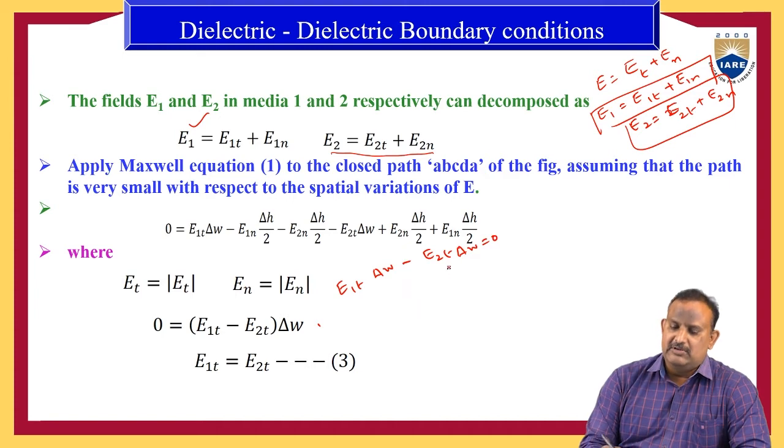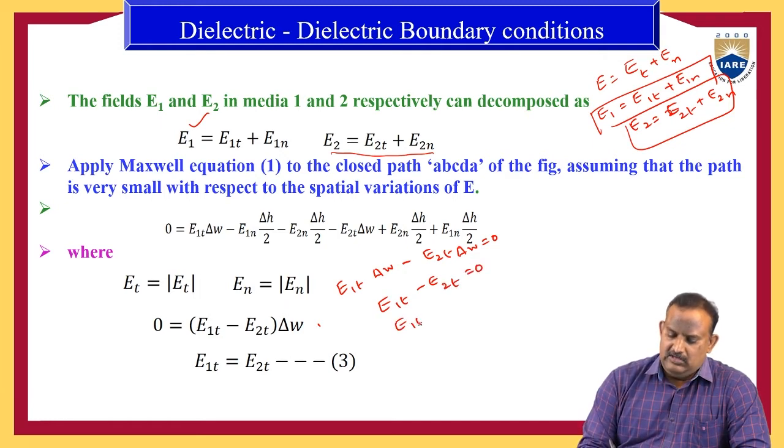Delta W cannot be 0 because it is a width. Therefore, I can equate E1t minus E2t equal to 0, or we can write E1t is equal to E2t.